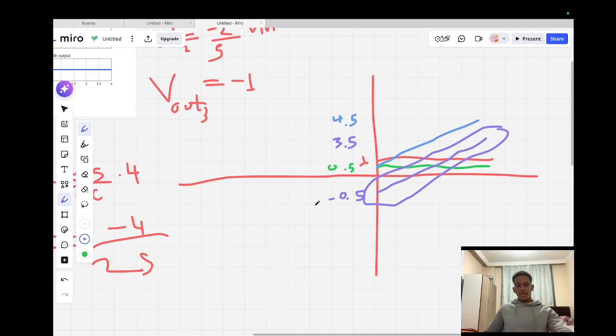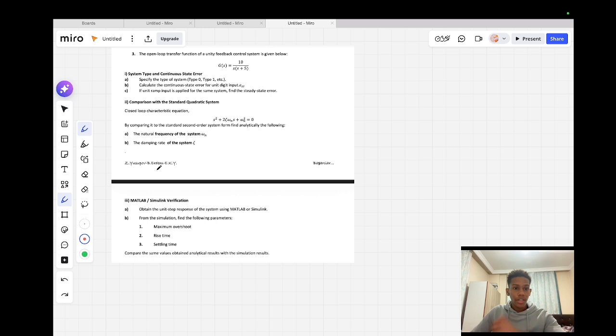So it's similar. In question number 3, the open loop transfer function of the unity feedback control system is given below. System type and continuous state error. Firstly, specify the type of the system. Here we have s square plus 5.